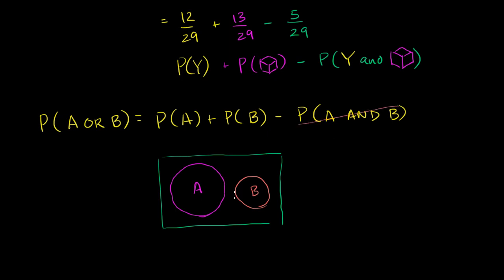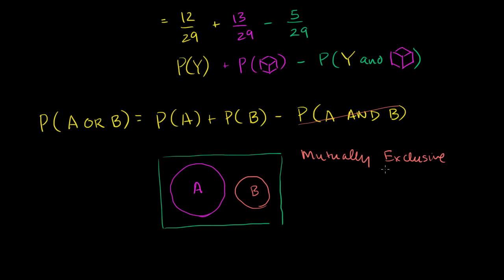And these type of conditions, or these two events, are called mutually exclusive. So if events are mutually exclusive, that means that they both cannot happen at the same time. There's no event that meets both of these conditions.